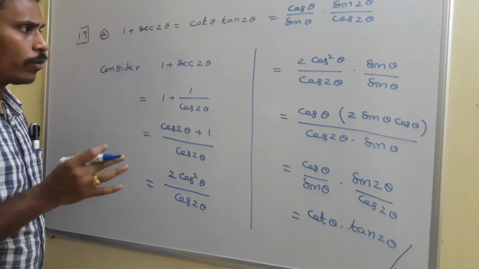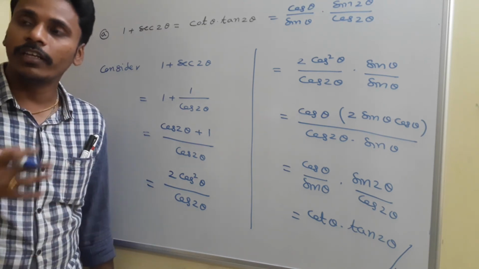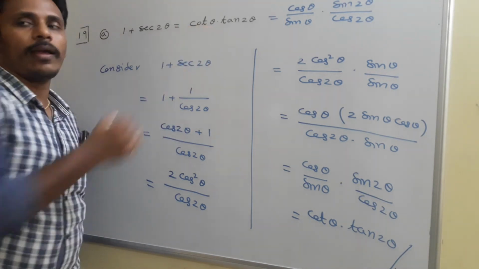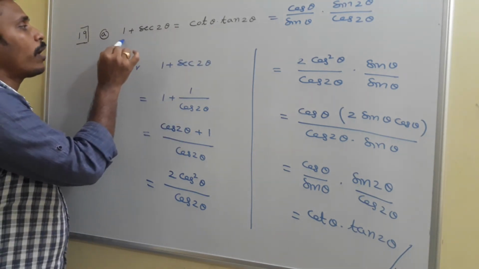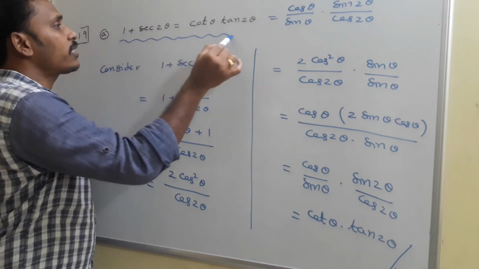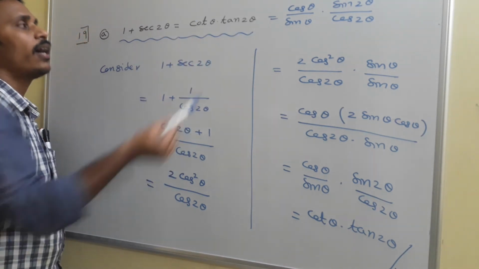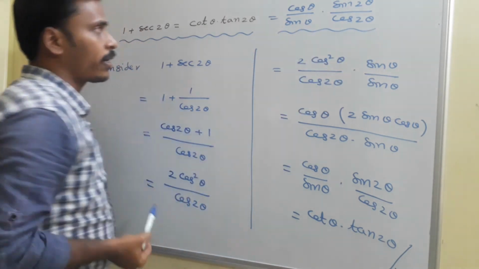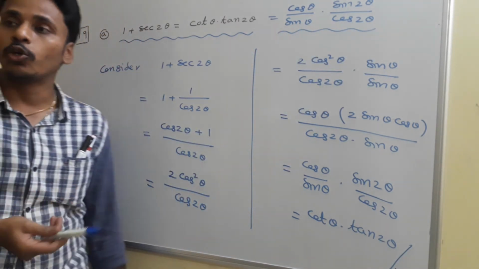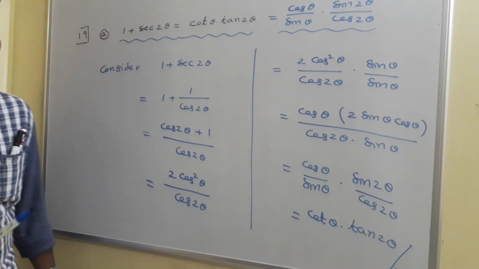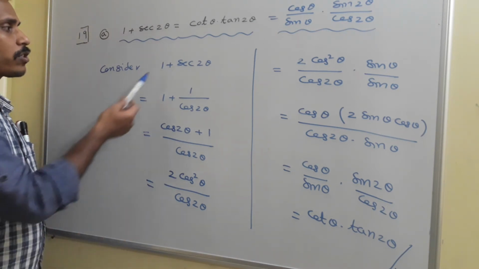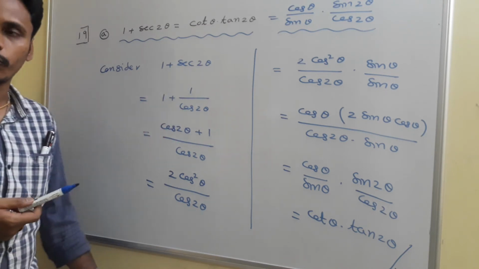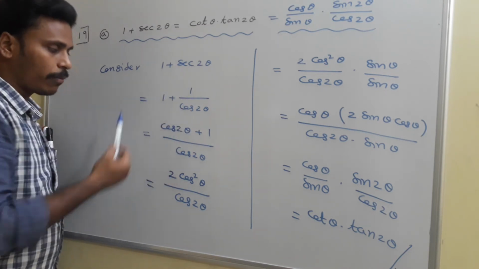It's a game actually. We need to convert and reach the position according to the requirement. As per the problem, 1 plus secant 2 theta is cot theta into tan 2 theta, which is cos theta by sin theta into sin 2 theta by cos 2 theta. So how to reach that? First, the good idea is writing secant 2 theta as 1 by cos 2 theta and then taking the LCM.